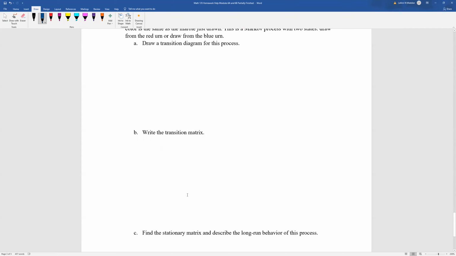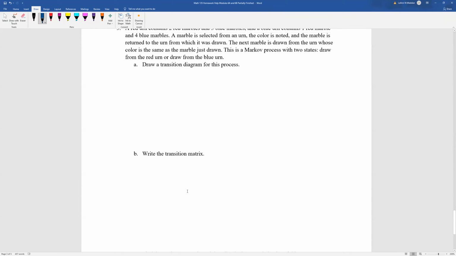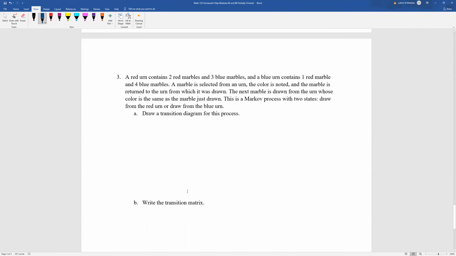Anytime that occurs, even if it takes you to P to the 5th to get to that point, that would be what we call a matrix that has a long-term or steady state behavior. And we're going to be able to find that stationary matrix. It means at some point, our states will approach the same thing no matter how many times we multiply by the transition matrix. Essentially, you get steady stated or stationary. Okay, so that's kind of a three-parter. So there's a lot going on in this one.